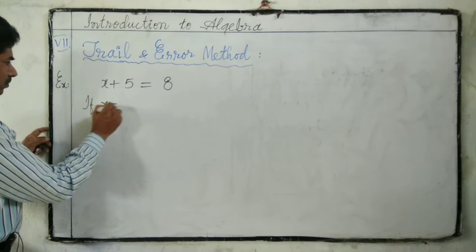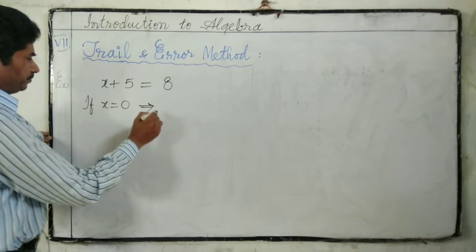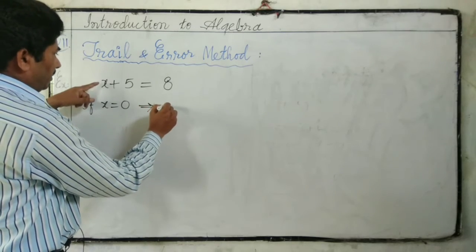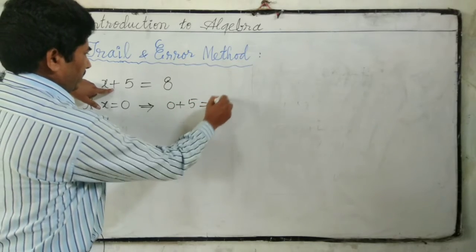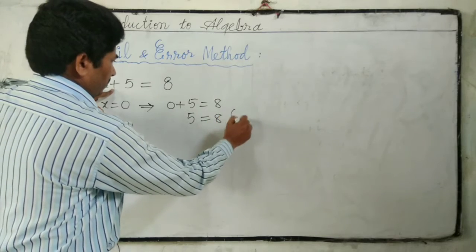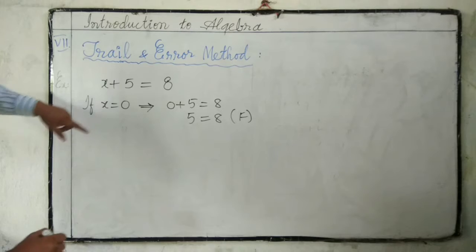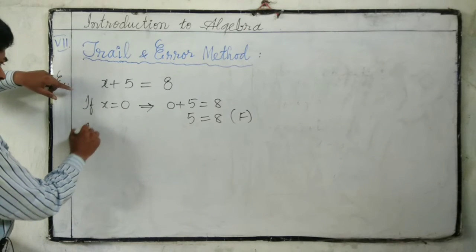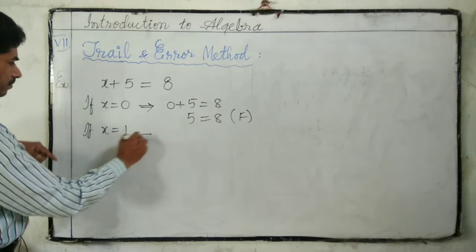If x is equal to 0, then 0 plus 5 is equal to 8? 5 is equal to 8. False. Next, we can try x is equal to 1.